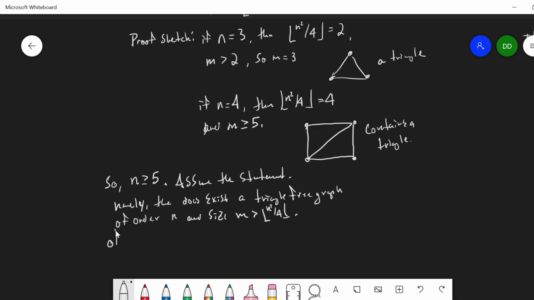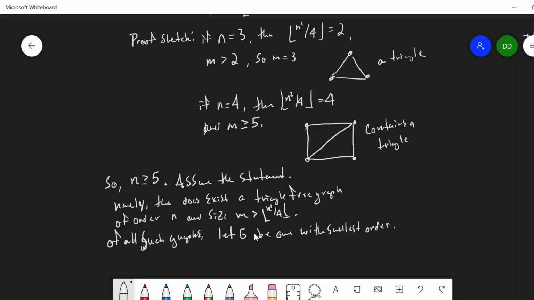So of all such graphs, let G be one with smallest order, the smallest number of vertices. Of all the counterexamples, we'll pick one that has the smallest number of vertices, and that's going to be G.